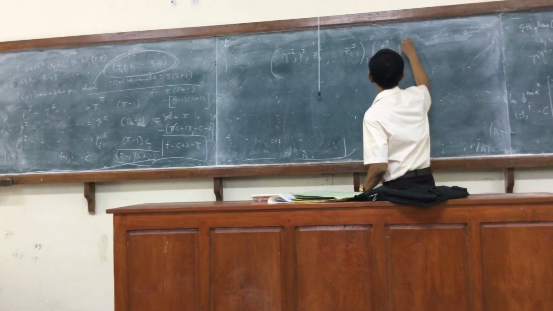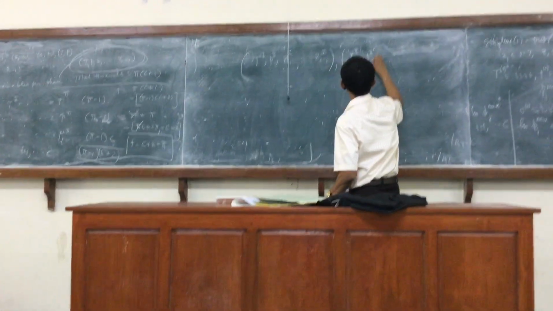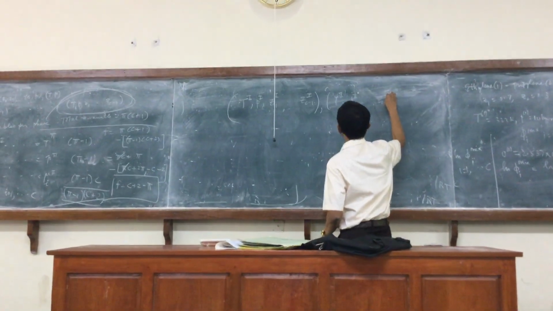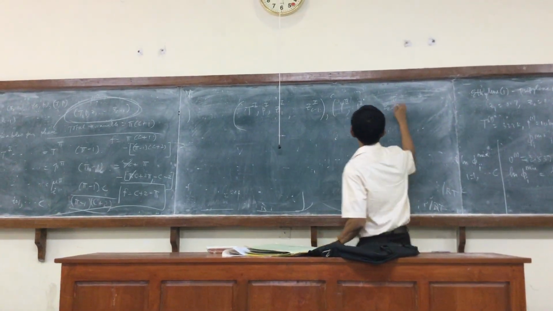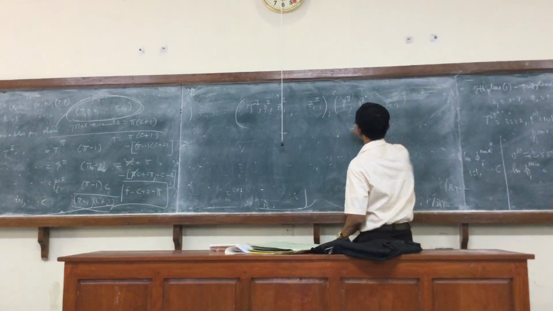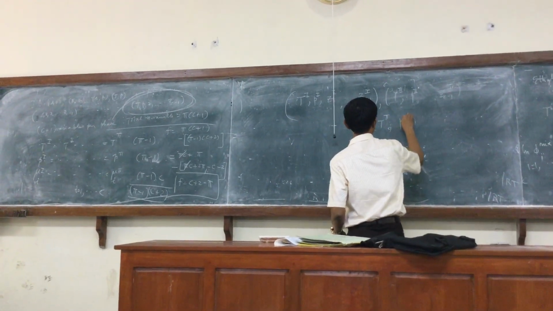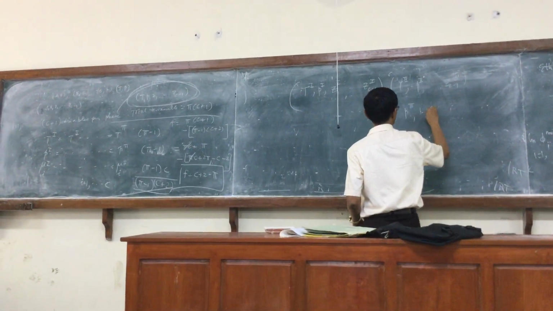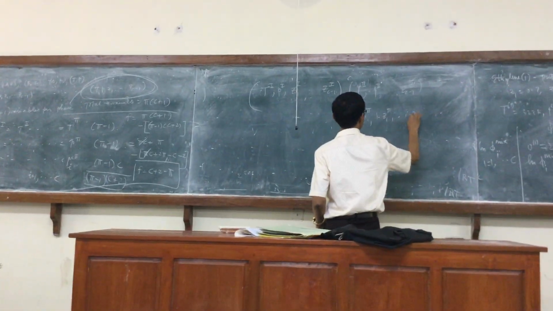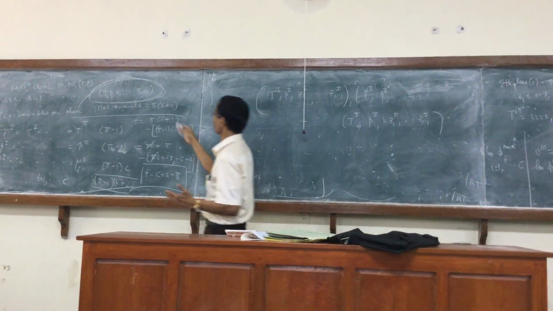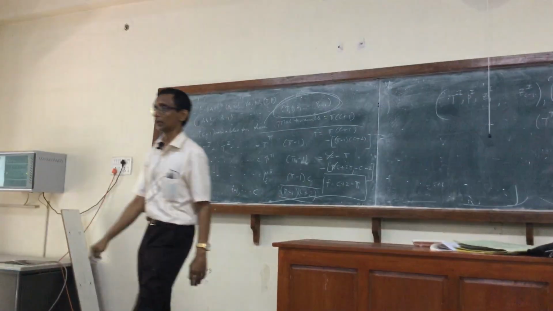These are the sets of variables I am considering, all the way up to T5, P5, z1,5. These are the pi times (C plus 1) variables.